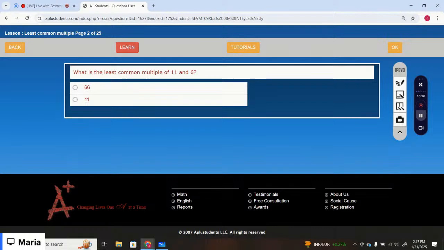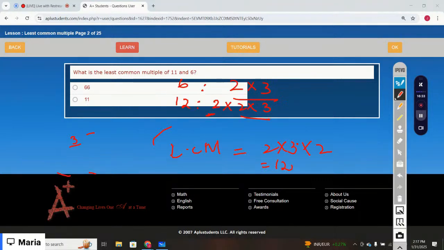If one number is prime and the other one is a composite number, the simple thing to find the LCM is to simply multiply both the numbers because one of them is the prime number. You have to do 11 times 6, so that is 66.